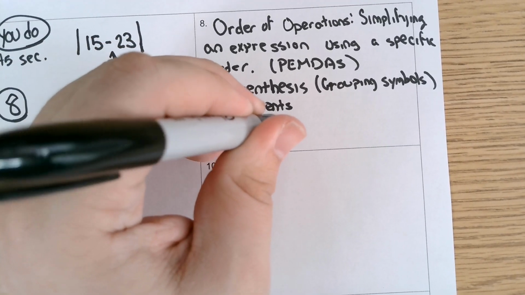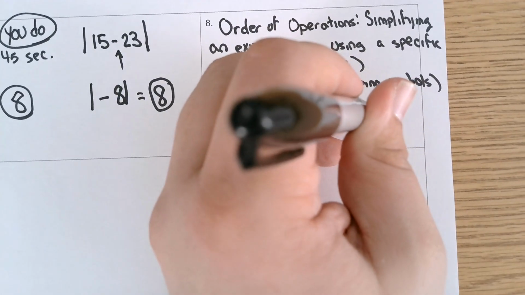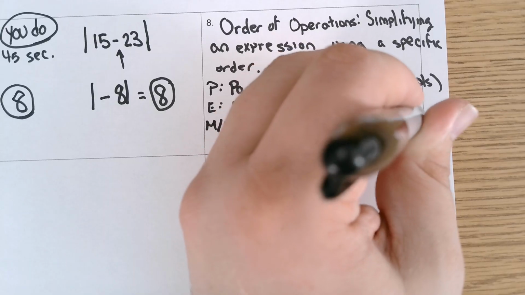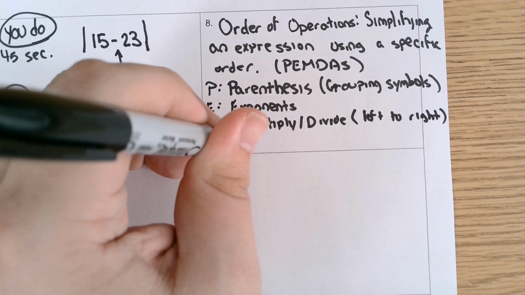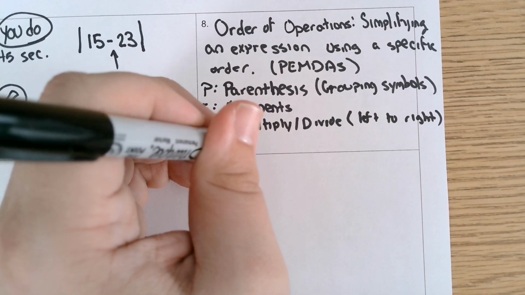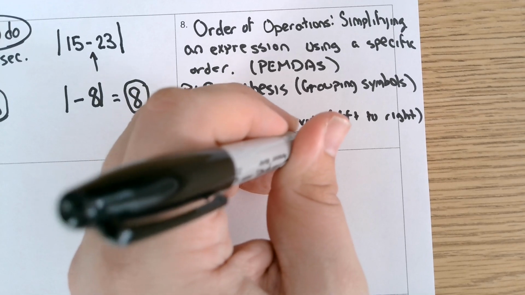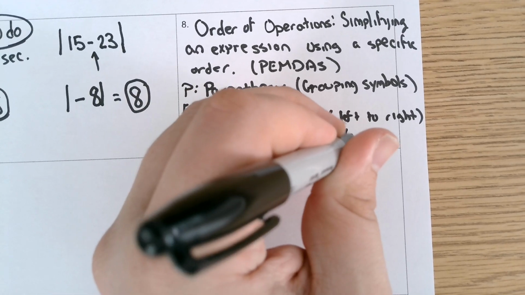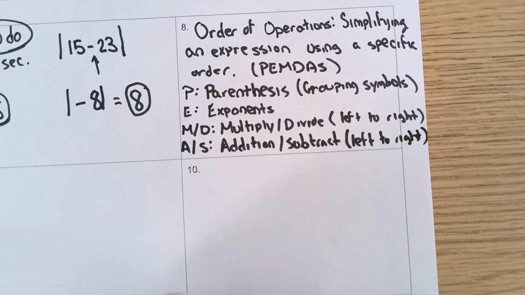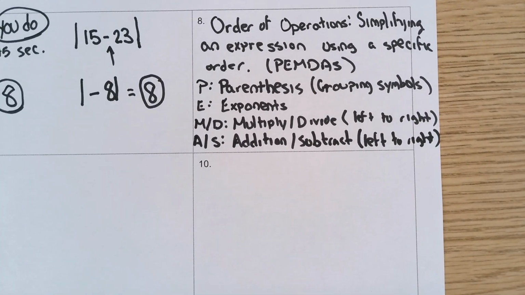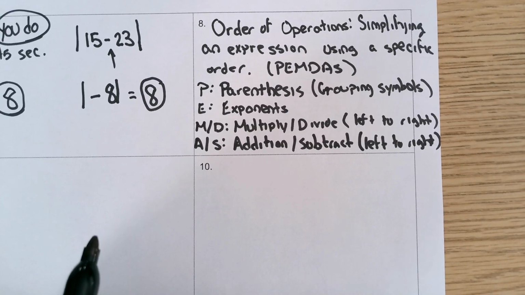That's multiply, divide, from left to right. And the A and the S are done at the same time. That is addition and subtraction, again, from left to right. Okay, so take this time, pause the video, jot that down. We're going to need it for the next 6 problems.